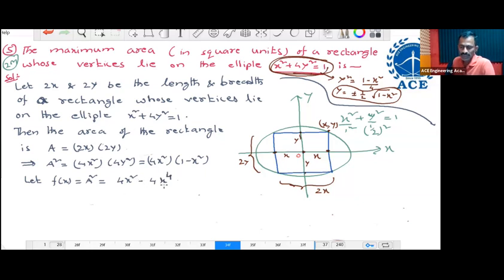Here onwards we follow the one variable max-min method. Then f dash of x equal to 8x minus 16x cube, and f double dash of x equal to 8 minus 48x square.